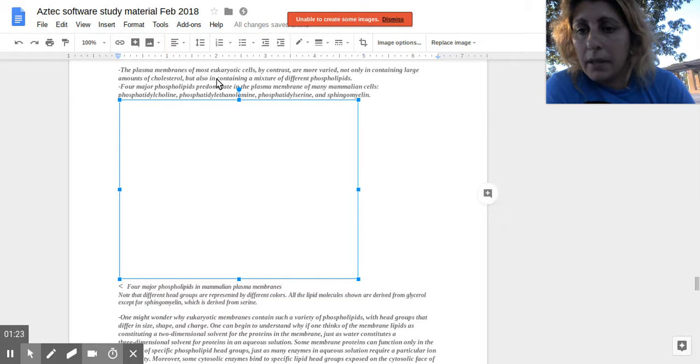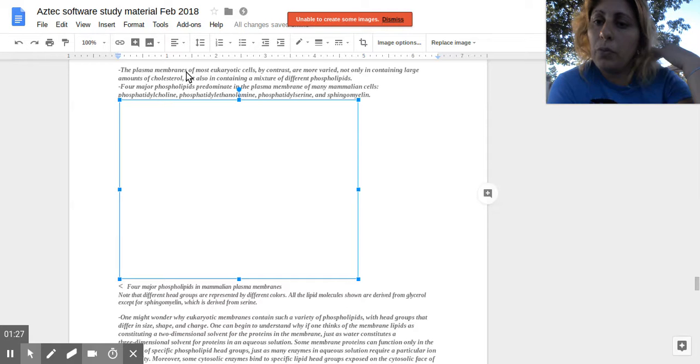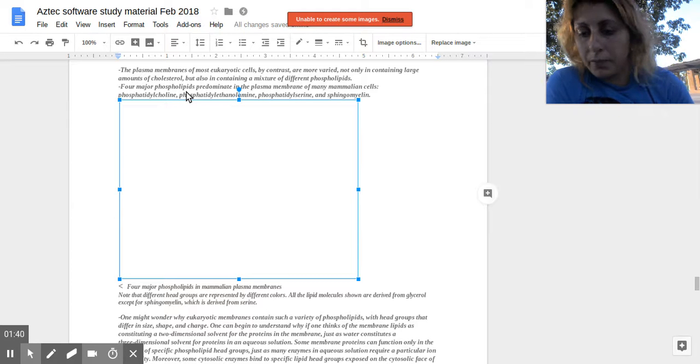Cholesterol, being a large steroid molecule with four rings, adds rigidity. It has three six-carbon rings and one five-carbon ring with a hydrocarbon tail.